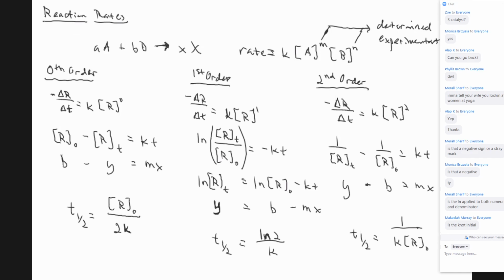Within our GChem book 2, pages 236 to 237 do a good job of showing your different half-lives and how long it takes to get to each of the half-lives for those systems.